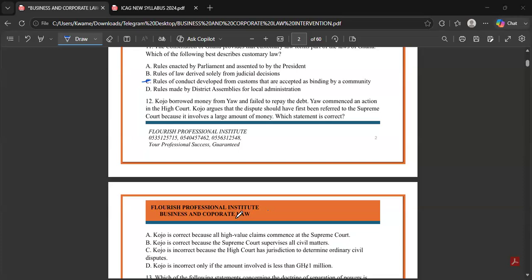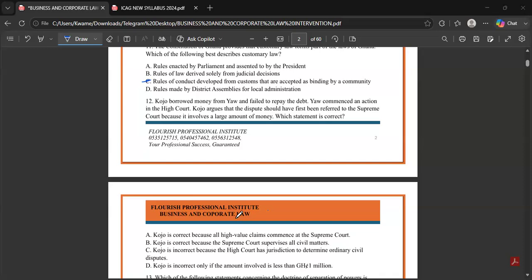D. Ojo is incorrect only if the amount involved is less than 1 million. I will choose C. Ojo is incorrect because the High Court has jurisdiction to determine ordinary civil disputes. Okay, so the answer is C.